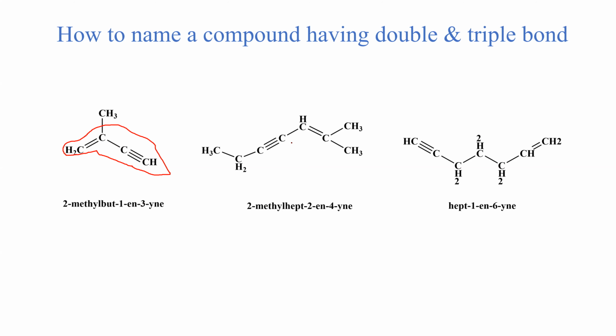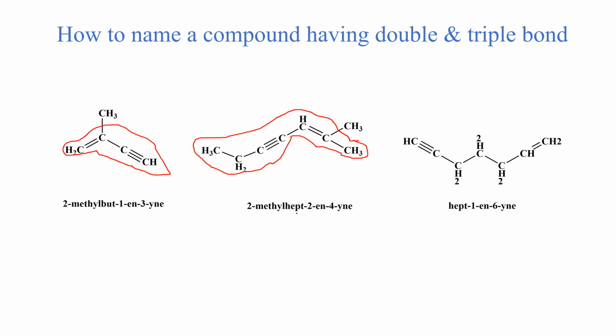And the second example is this one. This is a straightforward thing: we can pick any of the longest chains, because these two methyls are the same, so you can pick either side. So if I'm choosing this as the longest chain, from which side should I start numbering? Yes, I will start numbering from this side: 1, 2, 3, 4, 5, 6, and 7.